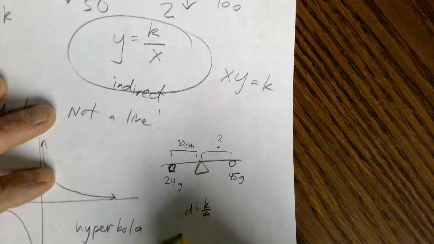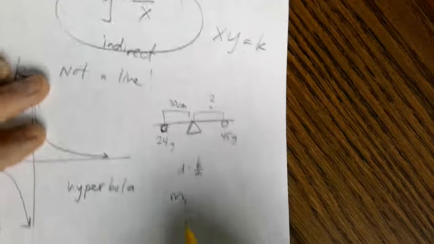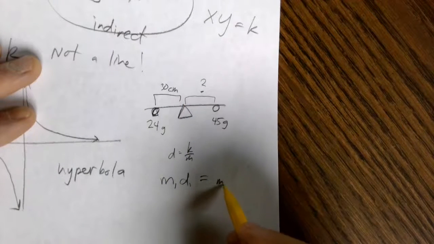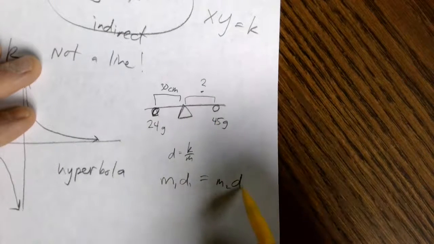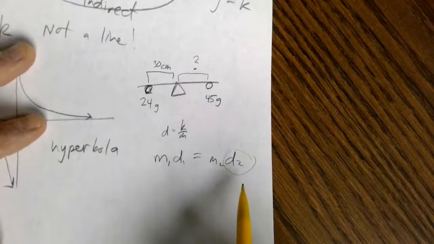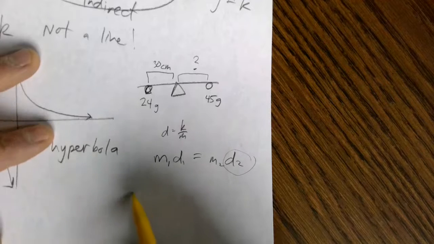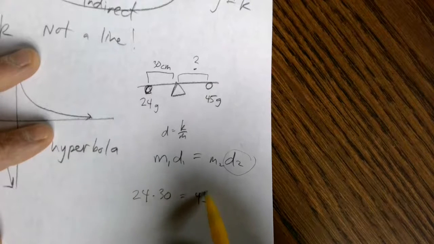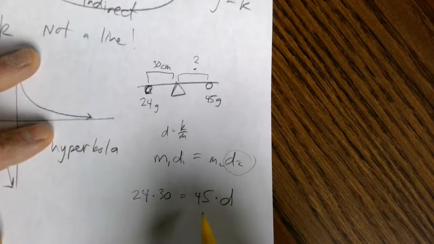Or in other words, that the mass of this one times the distance of this one is equal to the mass of that one times the distance of that one. So we know everything but this, so we'll plug in our numbers and find out how far it should be. So 24 times 30 is equal to 45 times the unknown distance.